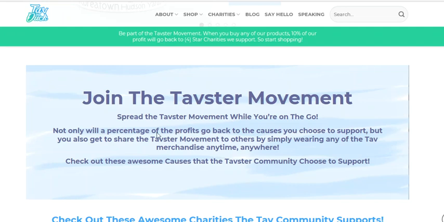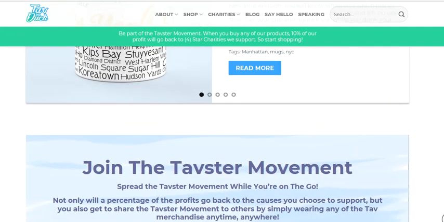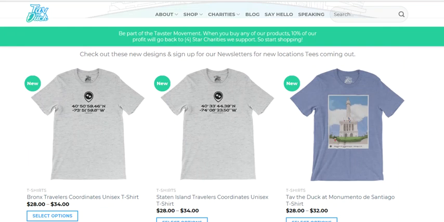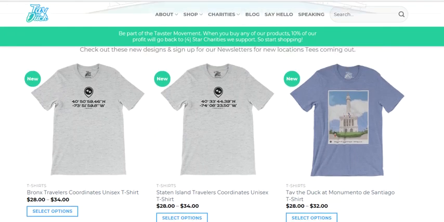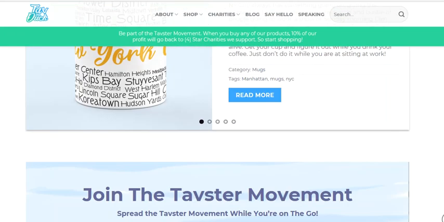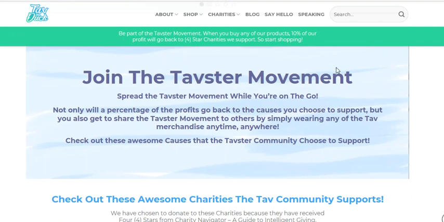Because at the end of the day, in order for this to work, a t-shirt is a t-shirt is a t-shirt. There are a million different t-shirt sites, so it's not about the shirt. It really is about this movement. So explaining for yourself first what that is, and then explaining to the visitor what that is.